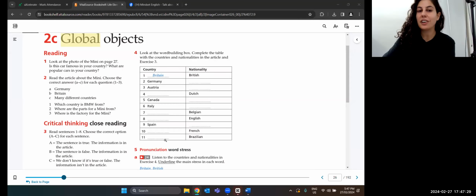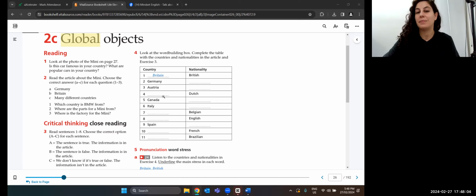Okay, so we've got here a country is Britain, but if you're from Britain, you would say I'm British. If the country you are from is Germany, how do you say I am German? Yeah, German. Austria is the country and the nationality is Austrian. Now, if you are Dutch, what is the country that you come from?